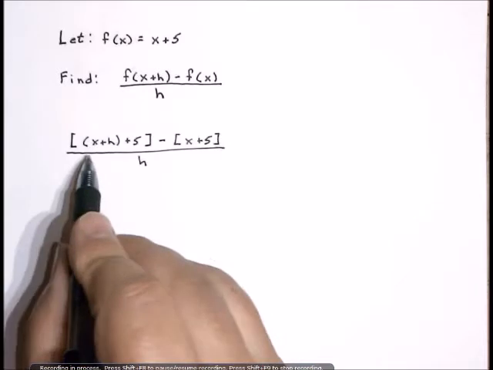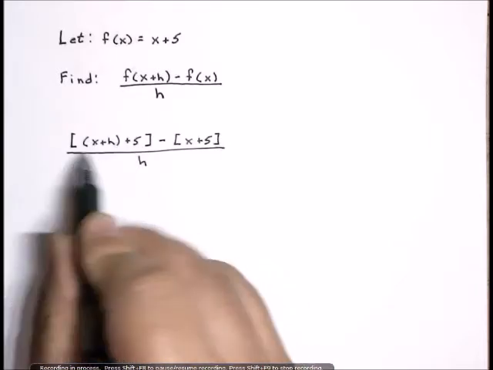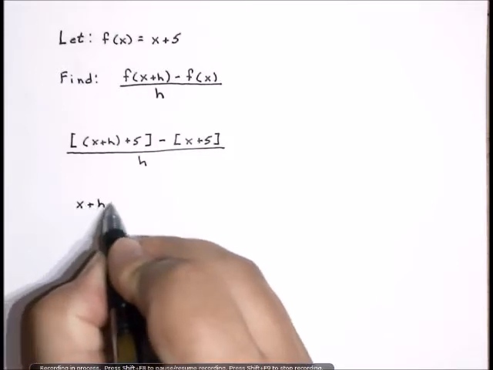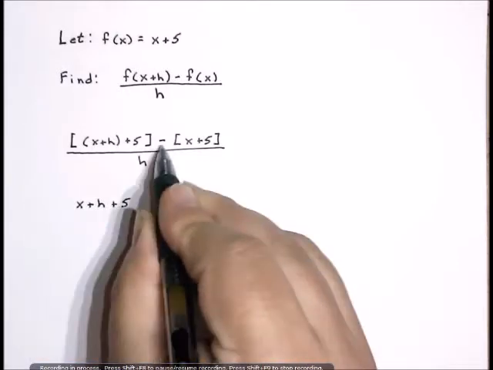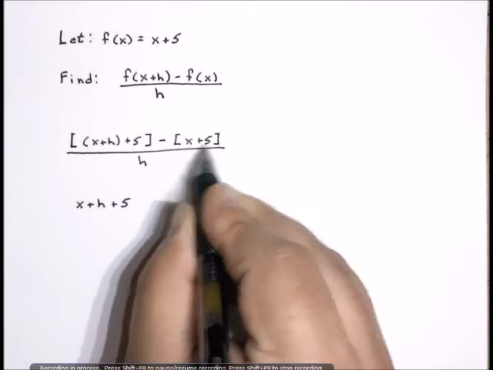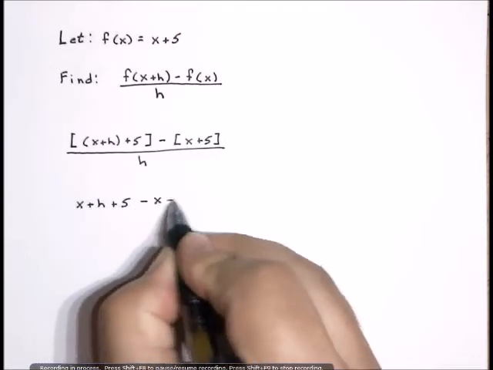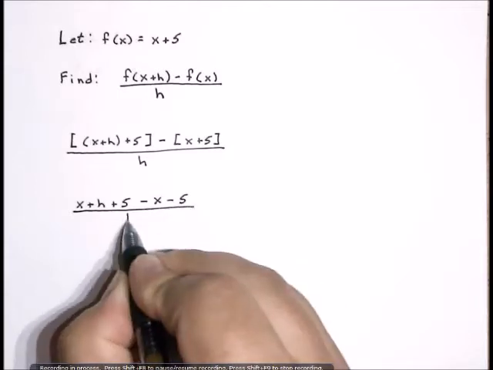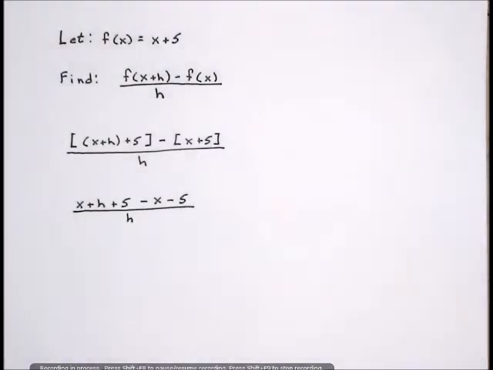So let's just see if I can simplify this, and I can't. Here I have to distribute that negative over the x and the 5. And I just carry down that divided by h.